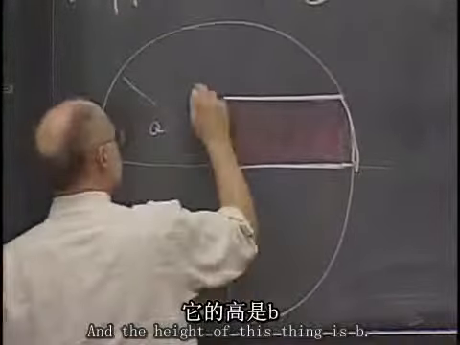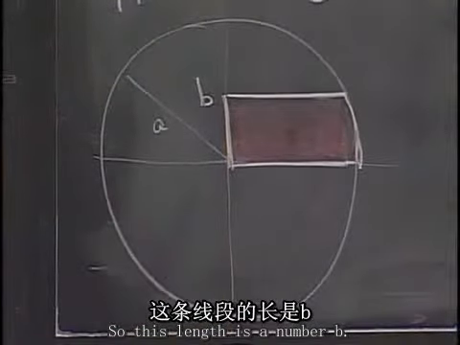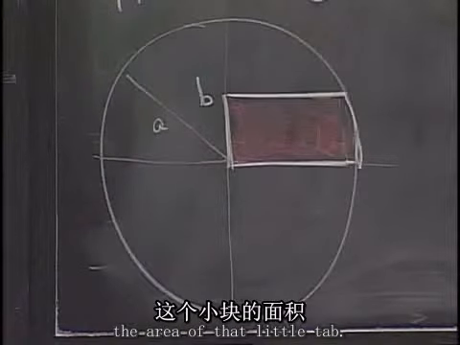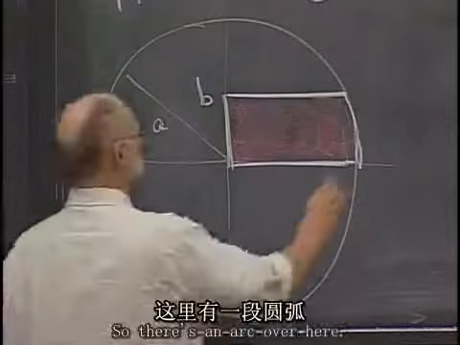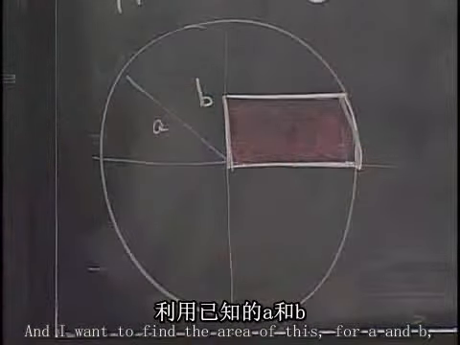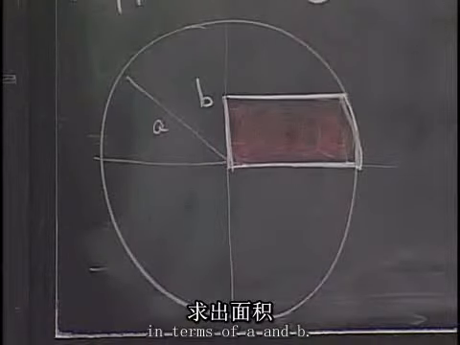And the height of this thing is b. So this length is a number b. And what I want to do is compute the area of that little tab. There's an arc over here, and I want to find the area of this in terms of a and b.